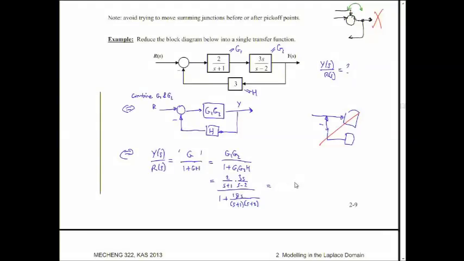I'll then multiply and divide both sides by s plus 1, s minus 2, and get left with 6s on the top, because the s plus 1, s minus 2 cancel with what I'm multiplying it by, and then s plus 1, s plus 2 is going to cancel with this part, and I'm going to be left with s plus 1, s plus 2 plus 18s.